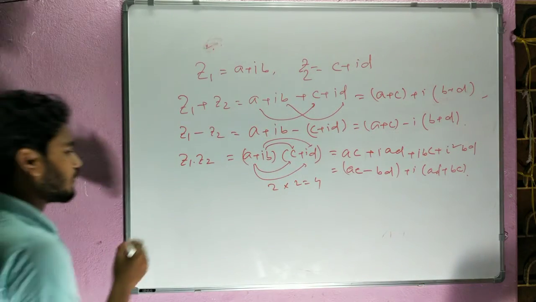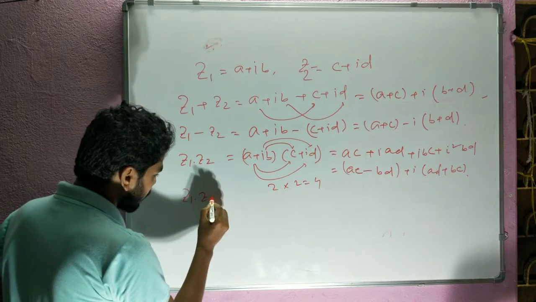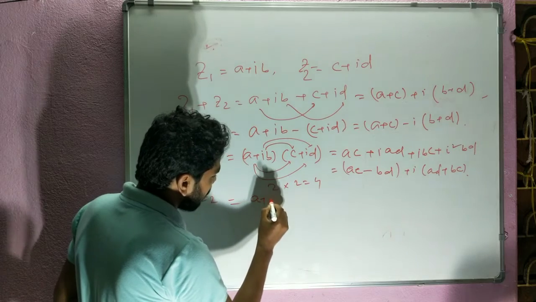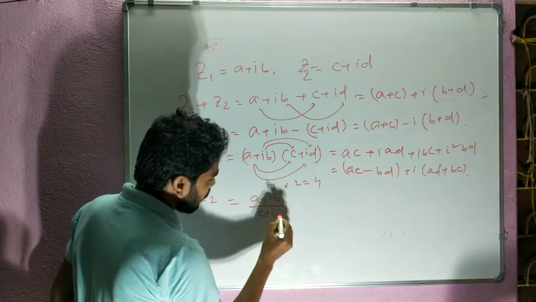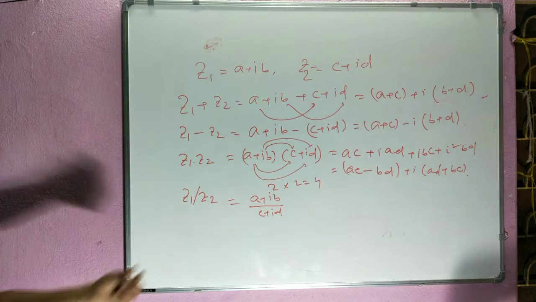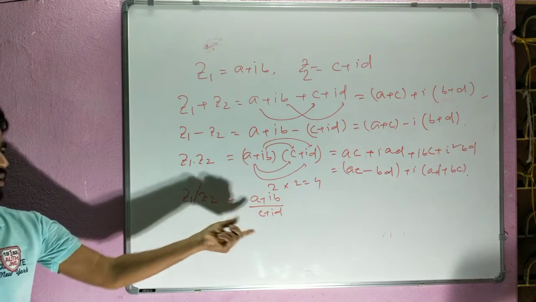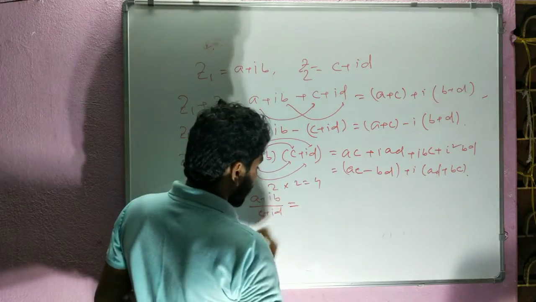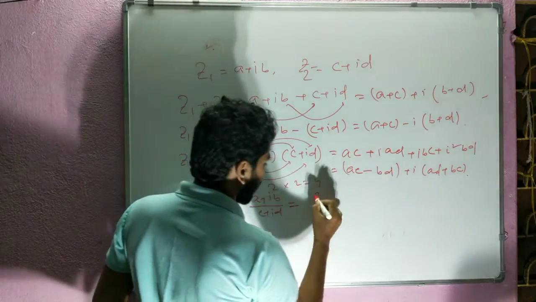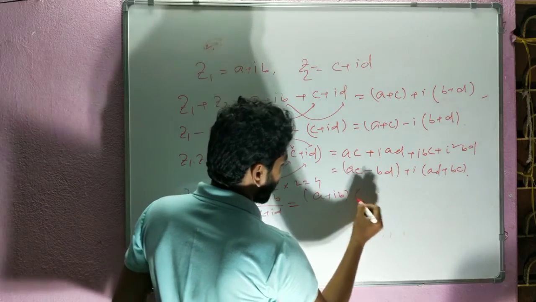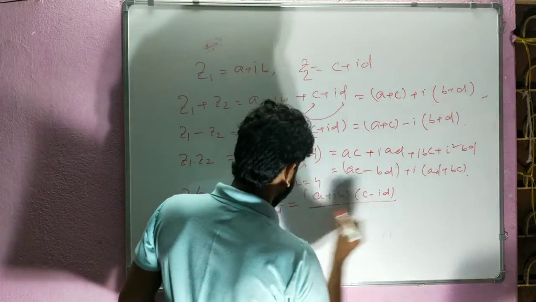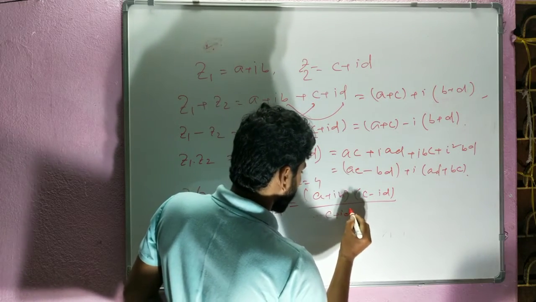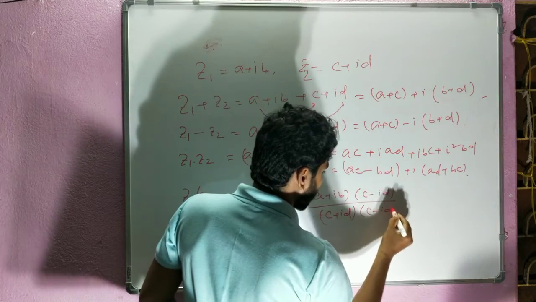Division of complex numbers, z1 by z2: a plus ib divided by c plus id. Division is very important for complex numbers, similar to rationalization of an irrational number. We multiply a plus ib by c minus id, divided by c plus id into c minus id.